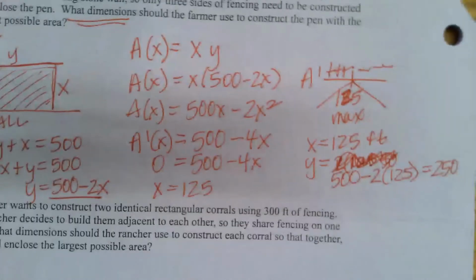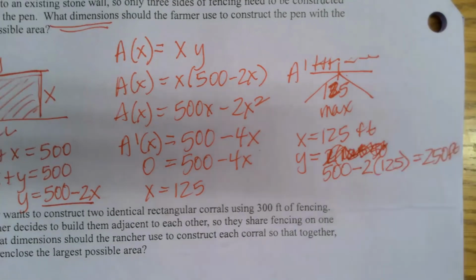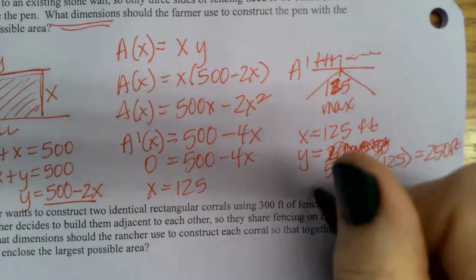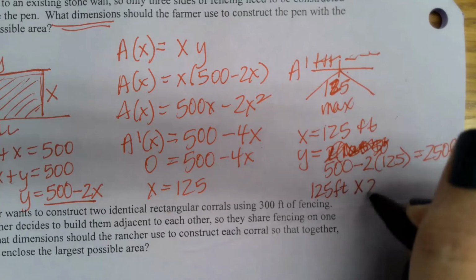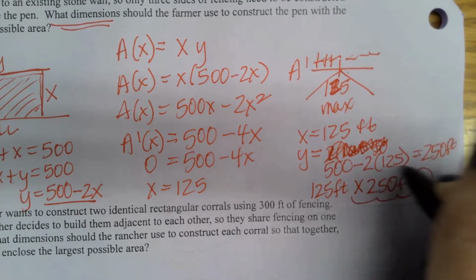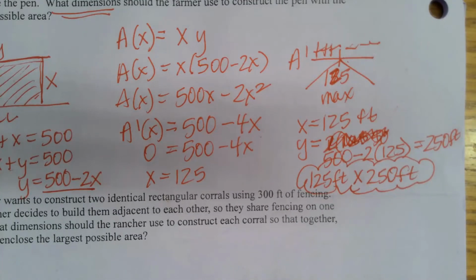Oops, and you can't see that. Boy, oh boy, get with it, lady. Okay. All right, so my dimensions, I would write this as 125 feet by 250 feet for my final answer on that one. So those are the dimensions that I want to make that pen.